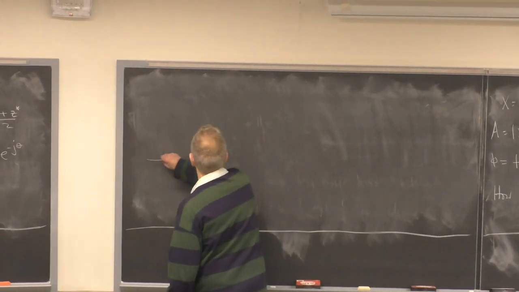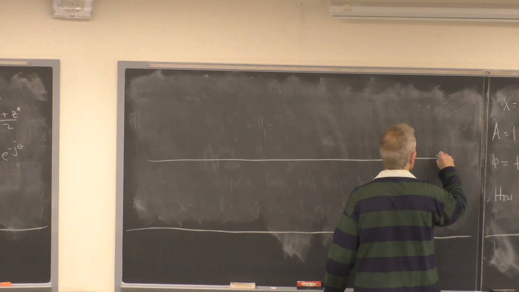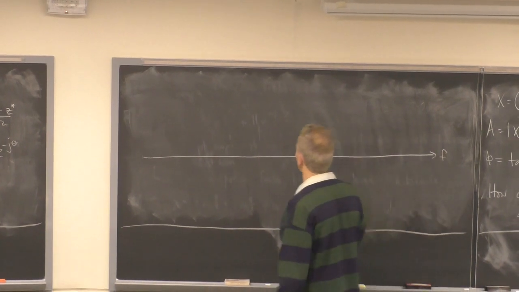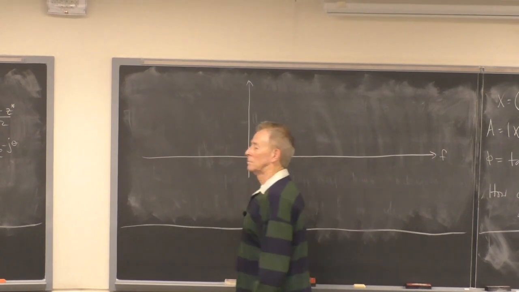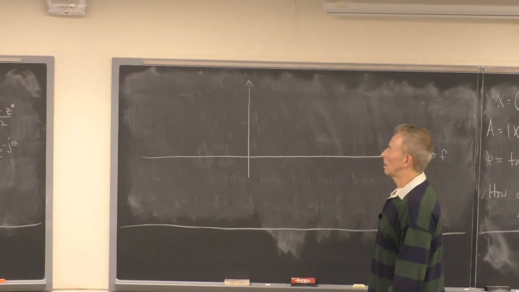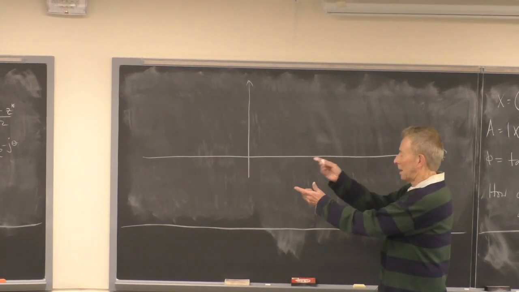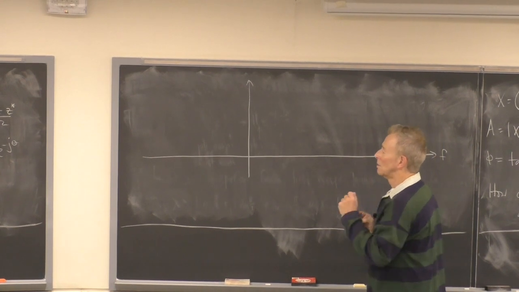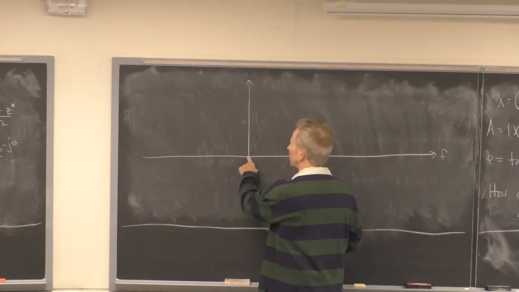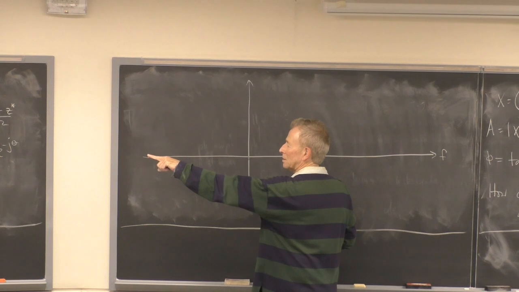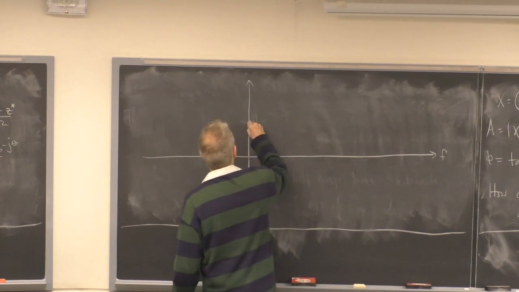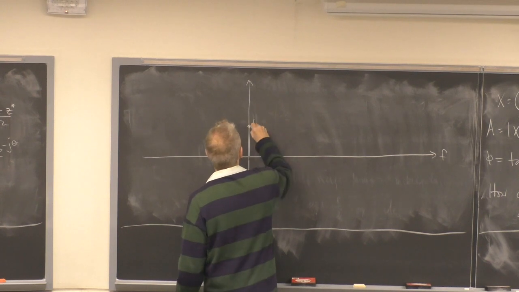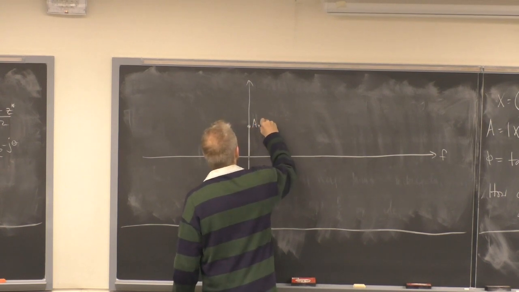Here's f space. This is the f-axis. Here's f equals 0. And how do we turn that guy into a stem plot? Well, first we put something at 0 frequency, which corresponds to the 0 term, the A0 e to the j phi 0. So this is what we do. We draw a little stem here, and we write A0 e to the j phi 0 there.